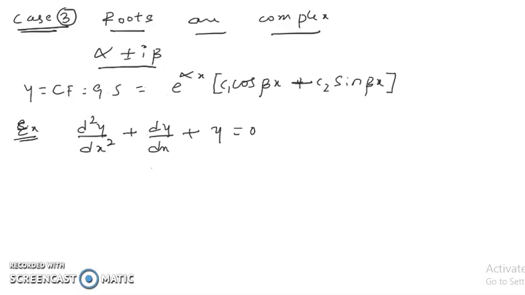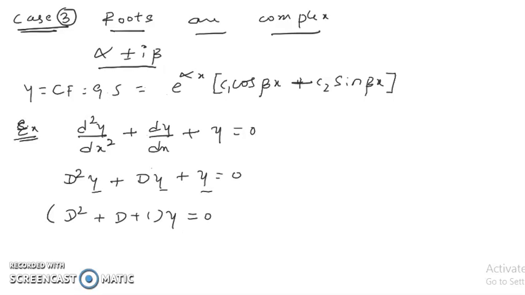With the help of the theory, I can rewrite this as capital D square y plus capital Dy plus y is equal to 0. I will take y common again, so it becomes D square plus D plus 1, into y, is equal to 0.